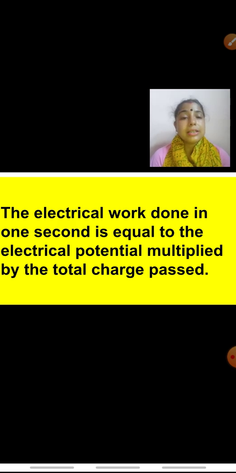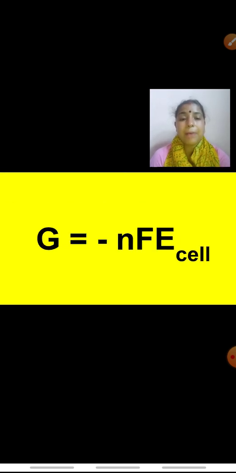Now, the electrical work done in 1 second is equal to the electrical potential multiplied by the total charge passed. How will we calculate the value of Gibbs energy change in case of an electrochemical cell? It is equal to work done, and here the work done is equal to the electrical potential multiplied by the total charge passed.